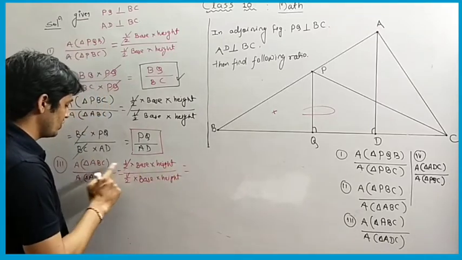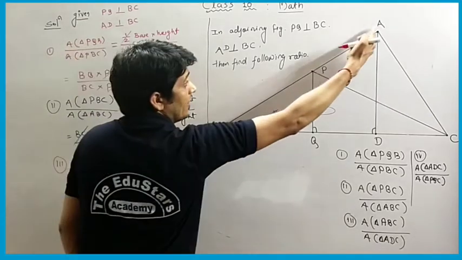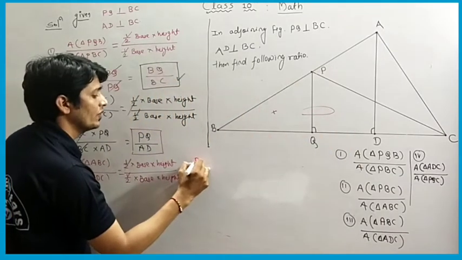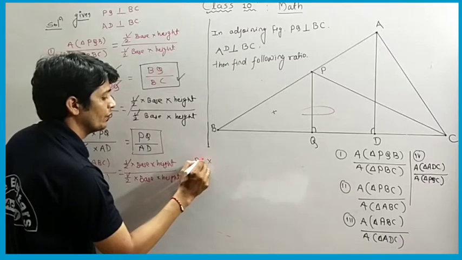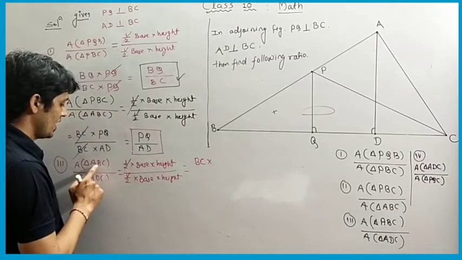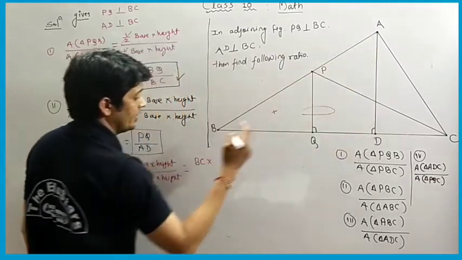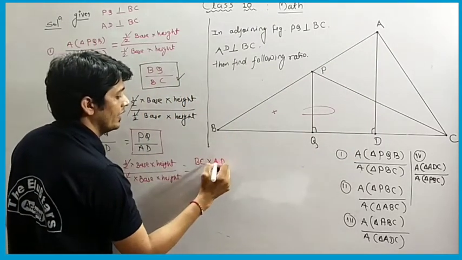So we have the base for triangle ABC. For triangle ABC, the base will be BC. So we write BC into height. Height for triangle ABC will be AD. So we write AD.